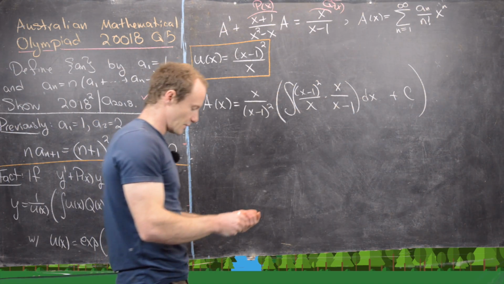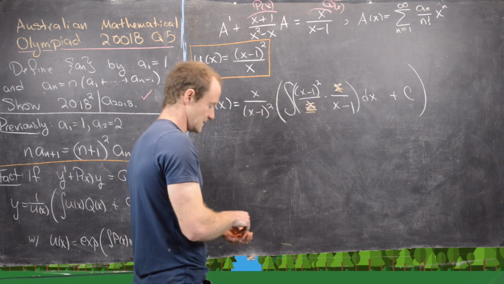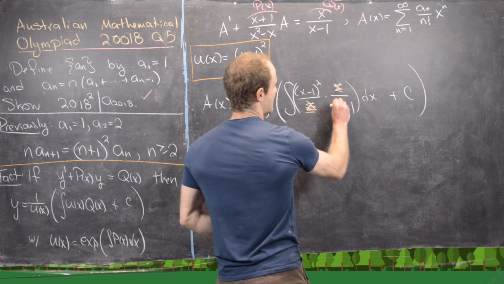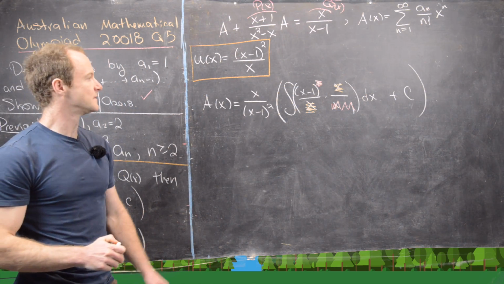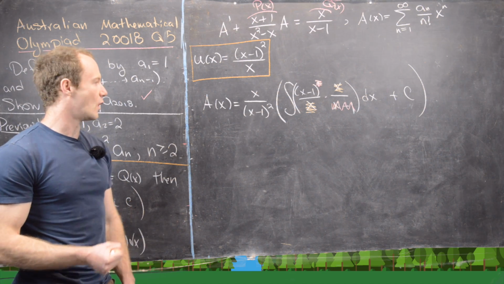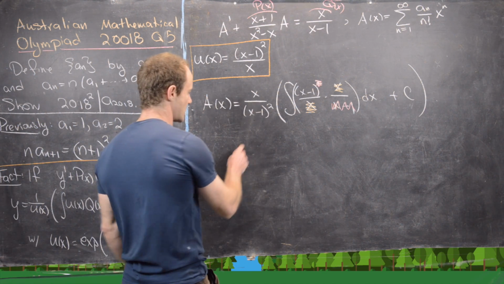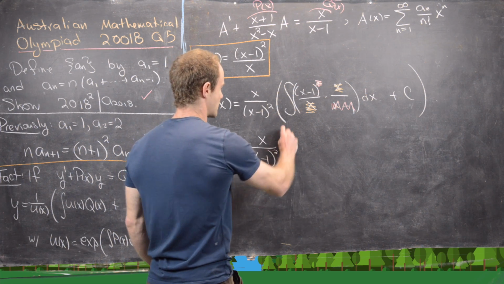So let's see what we get when we do that. Notice these x's will cancel, and then this x minus 1 will cancel this down to just a first power. And then we can take the antiderivative of x minus 1 to give us 1/2 x minus 1 squared. So that's going to be x over x minus 1 quantity squared.